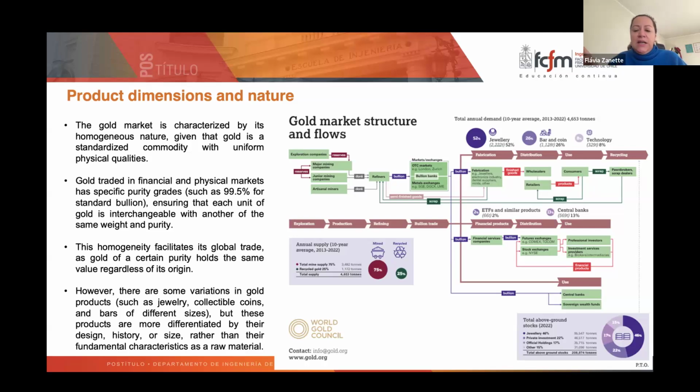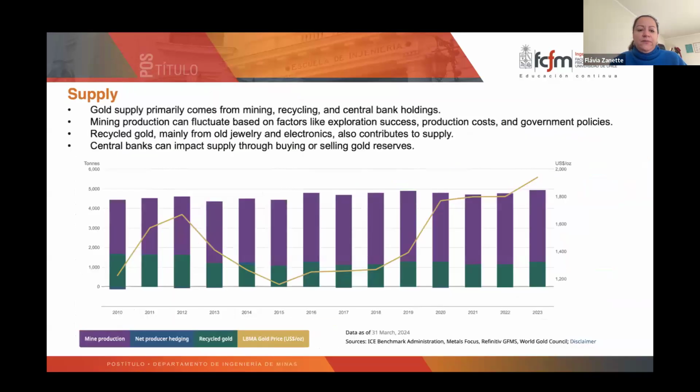On this right side, we have how it behaves regarding the demand on jewelry, bars, and coins that we have spoken about before, and just a graphic that summarizes all that I have mentioned on the previous slides, and what comes from mined and what comes from recycled sources or suppliers. Here at the center, we have a structure of exploration, as in all the mining structures: exploration, production, refining, and bullion trade that we have mentioned is occurring in London and Zurich.